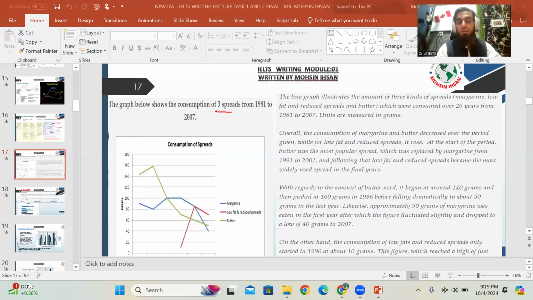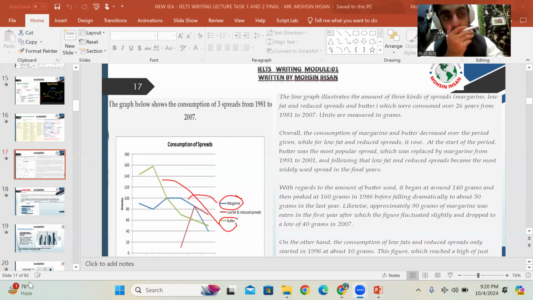Consumption of what? Of 3 spreads. 1, 2, 3. Got it? When? 1981 to 2007. And what are those 3 spreads? The names are also given. Blue one is margarine, green one is butter, and the other one is low fat, right? Low fat and reduced fat.